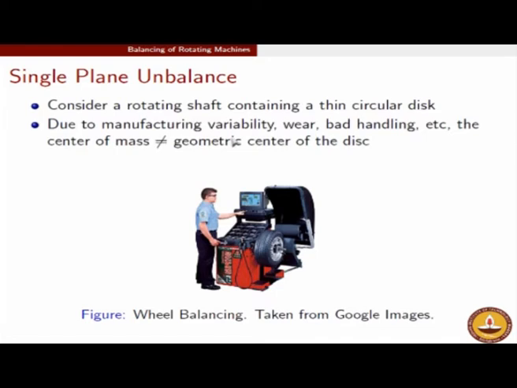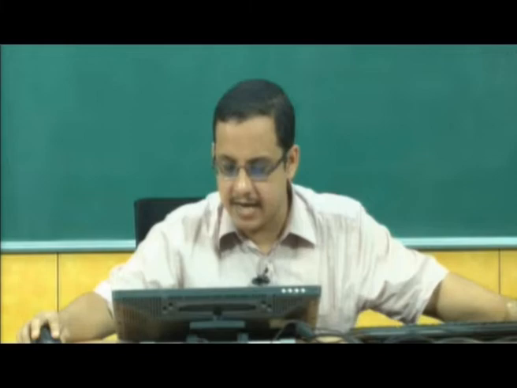Now in wheels, typically what happens is that there is a non-uniform wear on the surface of the wheel. Though at the time of manufacturing the geometric center of the wheel was exactly equal to the center of mass, once the wheel undergoes some non-uniform wear, the geometric center and the center of mass no longer coincide. Let me draw it on my tablet to explain myself better.